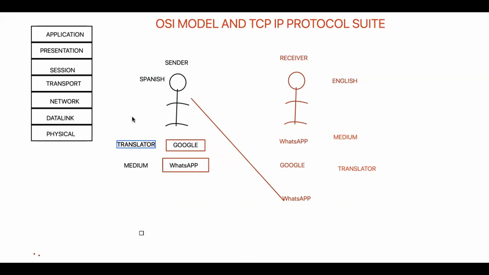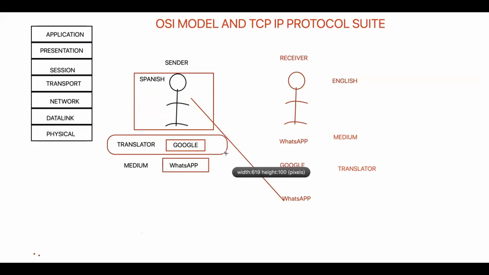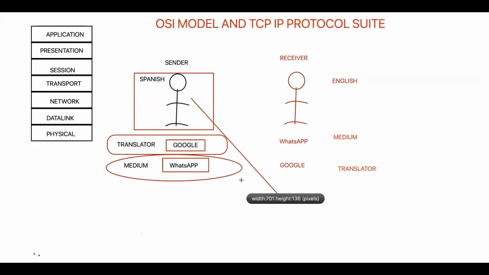The first thing is we are going to categorize the part where John decides to send a message as one layer. We are going to see the translator stage as another layer. And then we are also going to see the medium of sending this message as another layer.